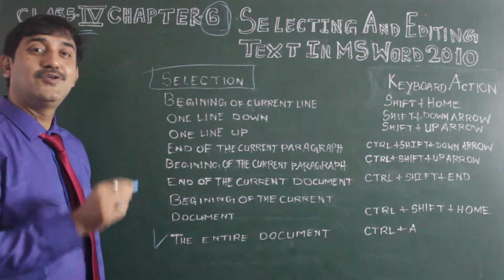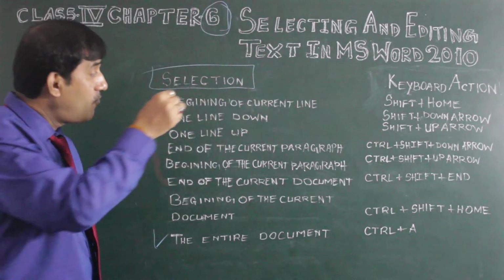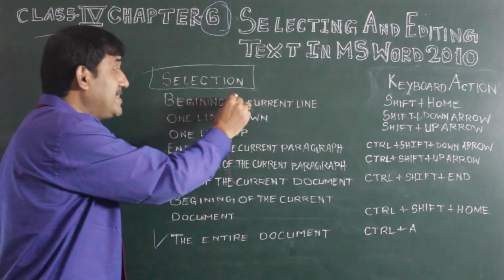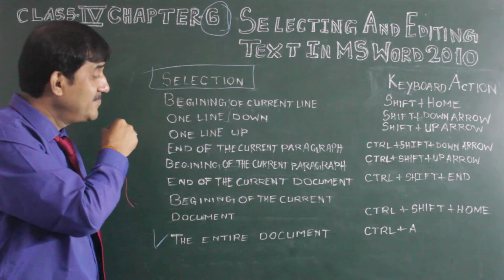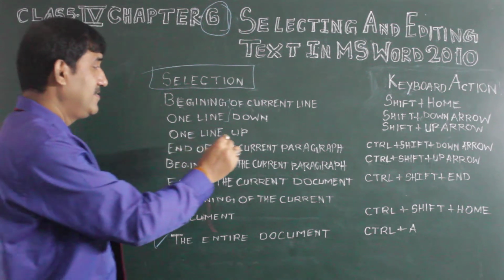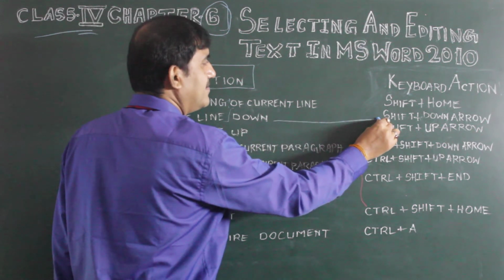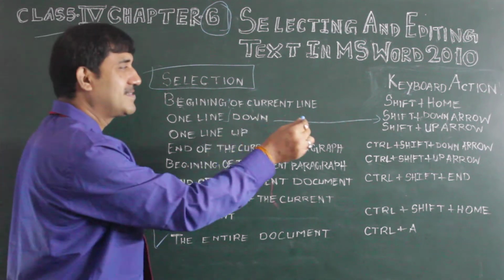Suppose you are doing from here, so one line down will be selected. We selected one line down up to here. For that you use Shift plus down arrow key.